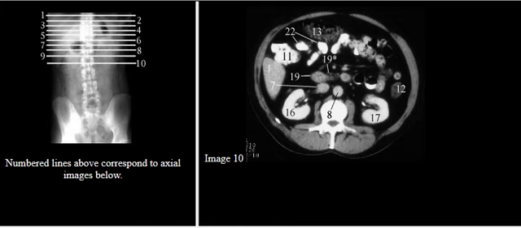The small bowel is identified by valvulae conniventes, or circular folds of the mucosa, on the barium study.